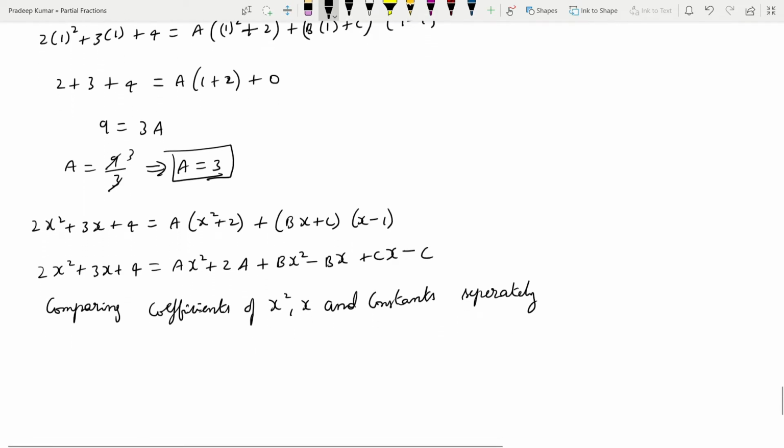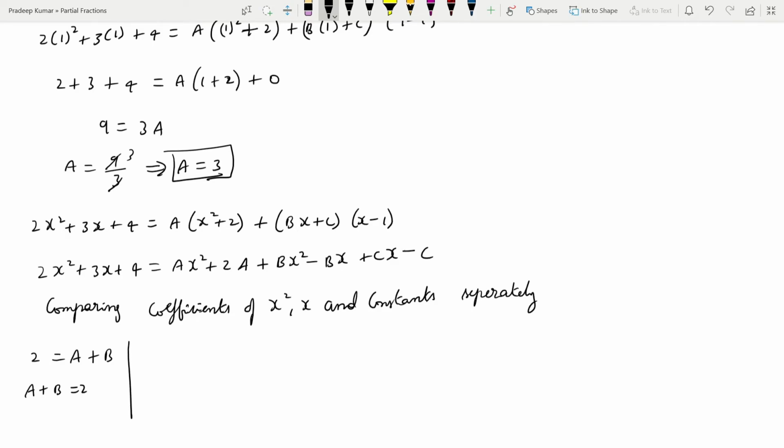So let's do that. The coefficient of x square, we'll take here 2, that is equal to, here a is there on the right hand side, and b is also there, so we are getting this as a plus b is equal to 2. We just compared the left hand side and right hand side coefficients of x square.